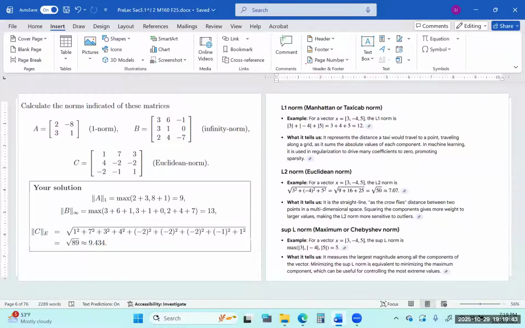But we can apply the same rule to multiple vectors in a matrix. So if you have a matrix, 2, 3 column-wise, -8, 1 column-wise, and you are finding L1 norm, you add them column-wise and look for the maximum number.